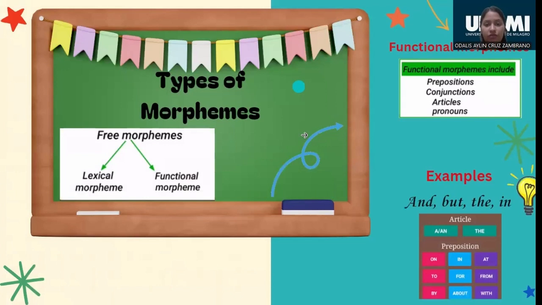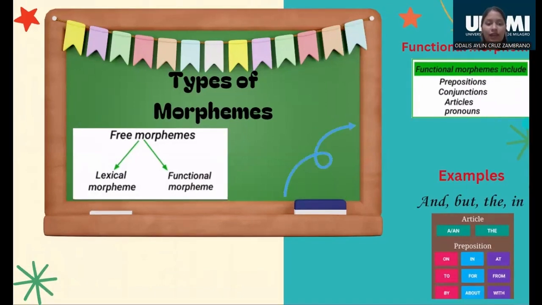Functional morphemes. A functional morpheme is a word that helps connect or give meaning to other words. These words have no meaning of their own, but they are super important in forming sentences.